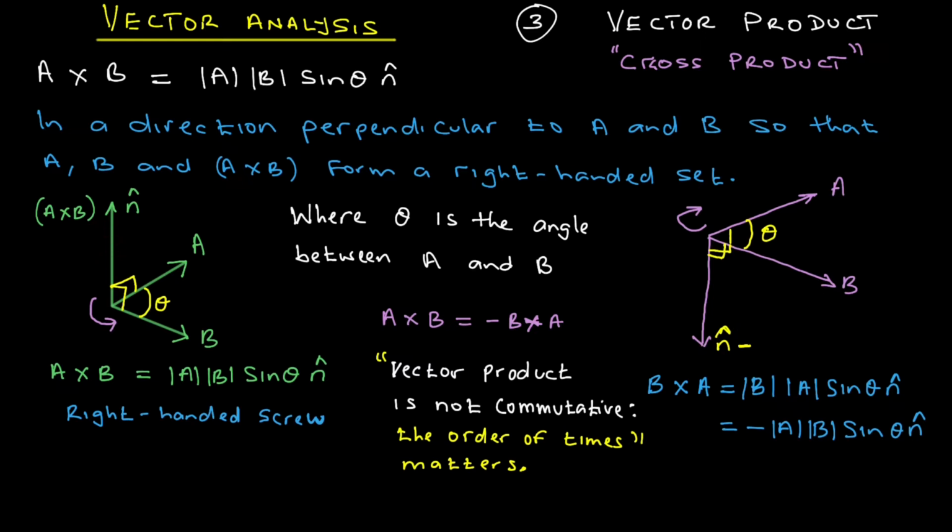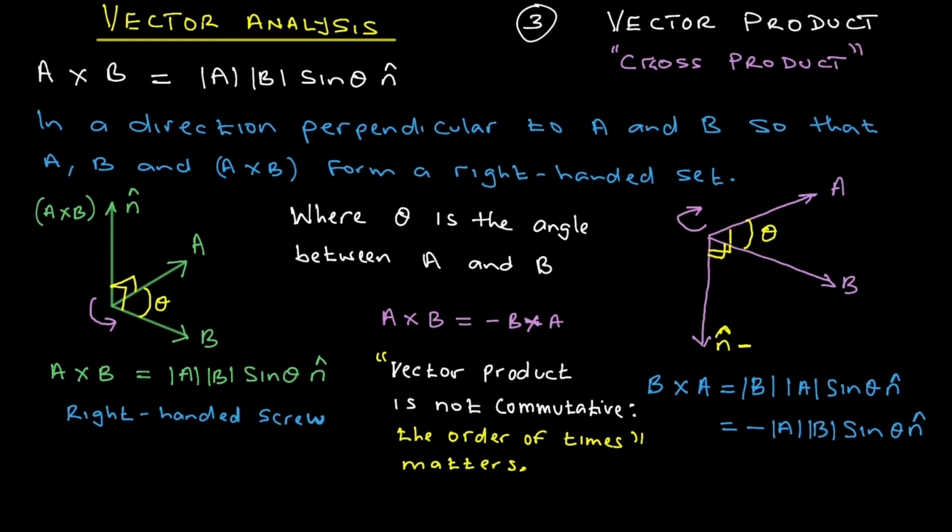You can have this in two forms, like when you're turning a right-hand screw. So we have A cross B equals the modulus of A times the modulus of B, times the sine of the angle between A and B, times the normal vector. This is a right-handed screw, and you can have it in the opposite direction where it's left-handed.